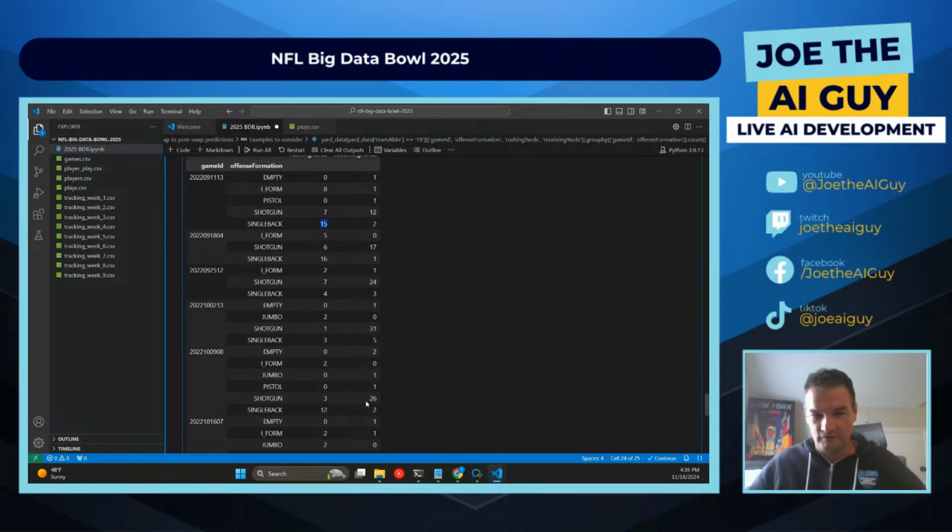And then if you're in the shotgun, you're most likely going to be passing. So we've got that there, in terms of the outcomes. So now we're able to slice the data however we want based on teams, players, formations, run and pass outcomes.